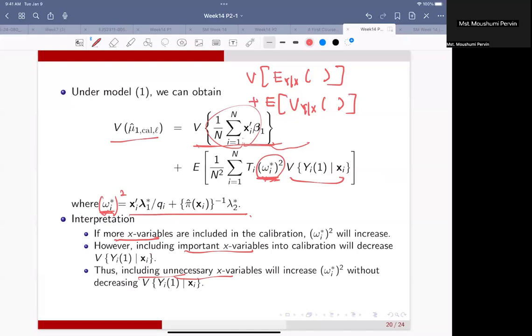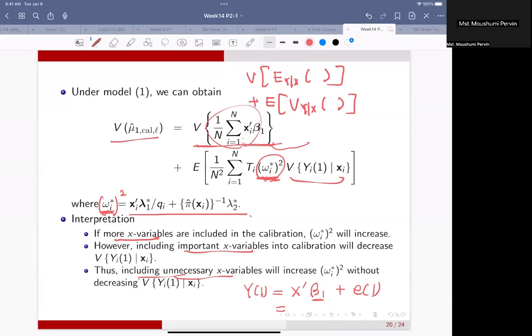So for example, suppose your model is this. I mean, we have this model, but suppose some part of beta is 0, right?